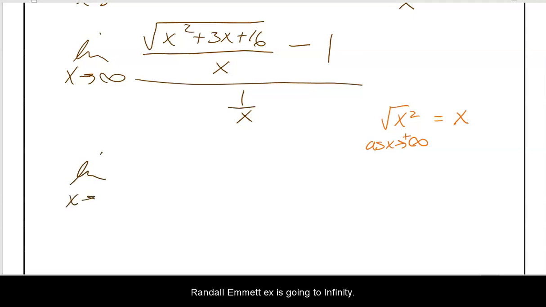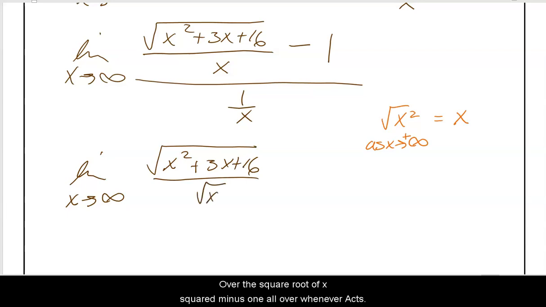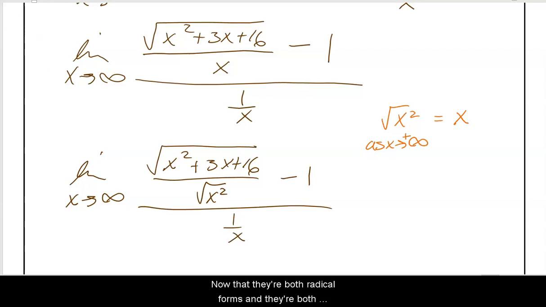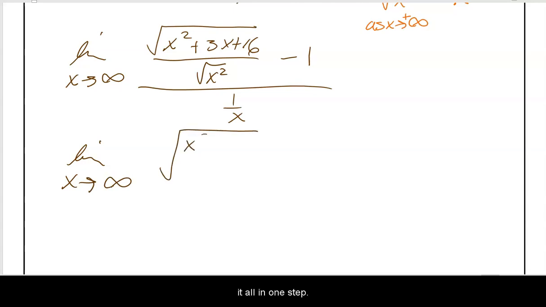So I have the limit, x is going to infinity. You can see that these take more work than the first types. Over the square root of x squared minus 1 all over 1 over x. Now that they're both radical forms and they're both square roots, I can combine them into one square root, which if I were doing this just for myself, I would have done it all in one step.